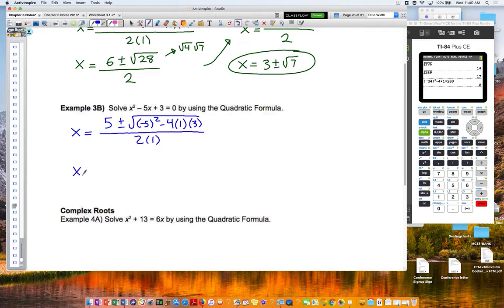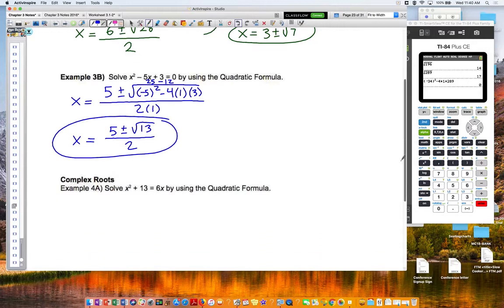So I get x equals 5 plus or minus the square root of, negative 5 squared is 25, 4 times 1 times 3 is 12, 25 minus 12 is 13, all over 2. These are ones that students actually really like because square root of 13 doesn't have a perfect square in it. It's actually a prime number. We're done. So we get some answers that even look that funky.